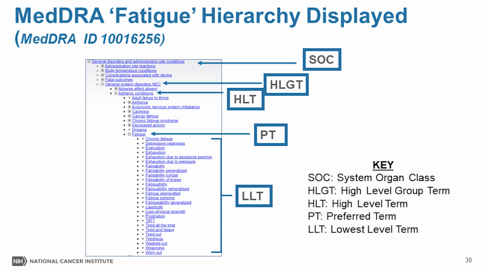And that's then how we can take what the research participant says, what we see documented in a medical record, and determine what might be the most appropriate, let's say, preferred term that can be used and then shared across regulatory agencies.